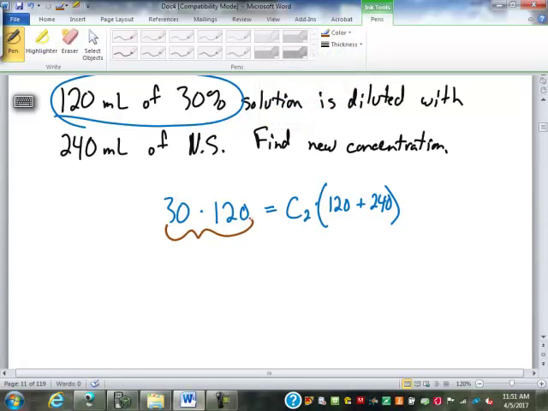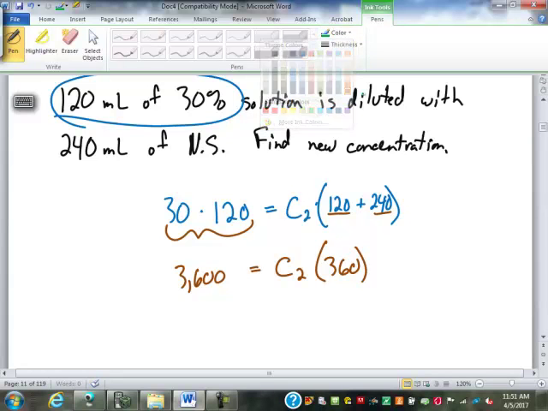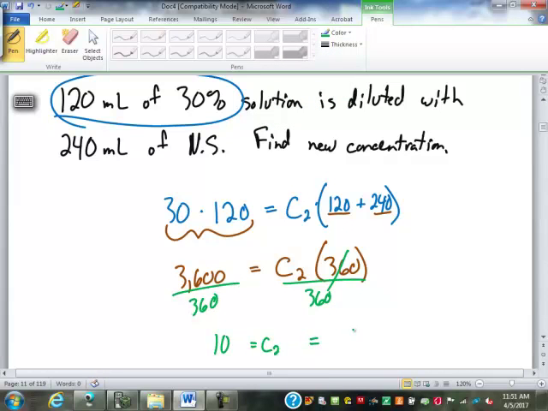So we'll multiply 30 times 120 here is 3,600. Over here, 120 plus 240 is 360. And we divide by 360 to solve for C2. So 10 equals C2, so that is 10% is our new concentration.